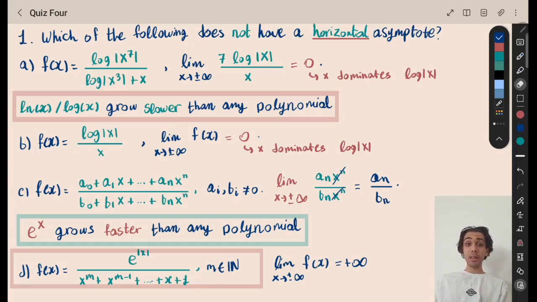But e to the x is infinite. So you could think of this as us expanding e to the x, and we have infinitely many terms. So we have, for example, something of the form x to the m plus 1 inside of there. And for any m, we can find an x to the m plus 1. That's a feature of infinity.